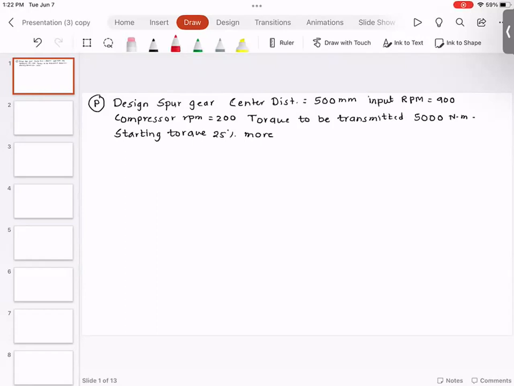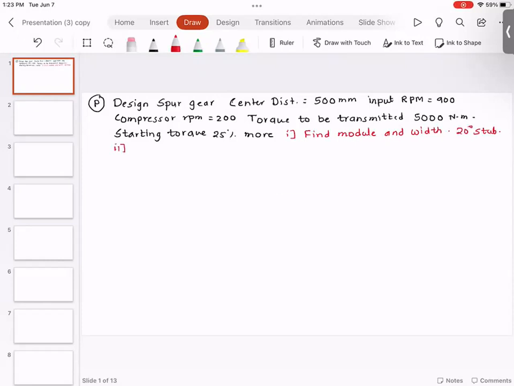So for this problem, find module and width. Assume it to be a 20 degrees stub gear.